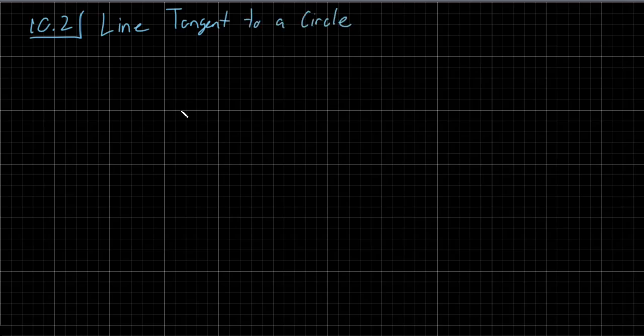Okay, we are going back to 10.2. We're talking about tangent lines to a circle. So, line tangent to a circle. Let's first draw a circle. Do you guys want washers?